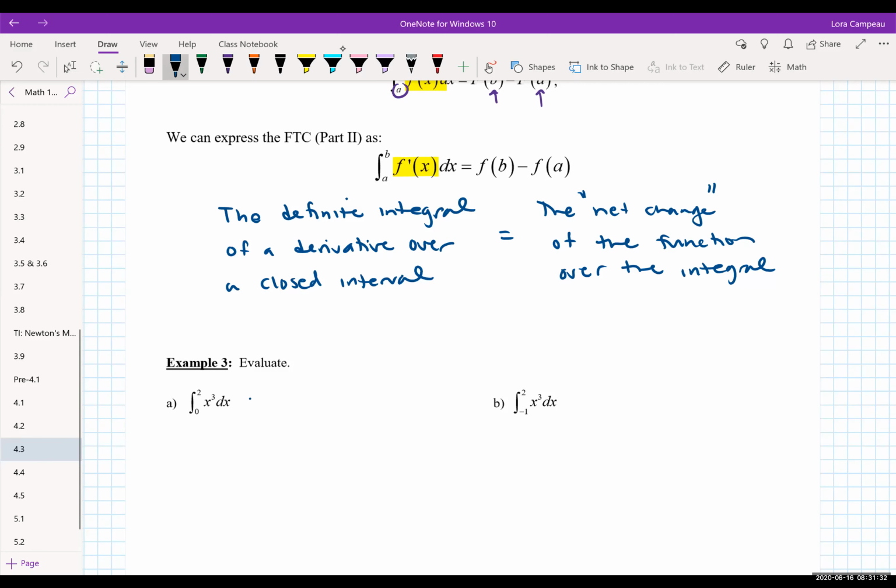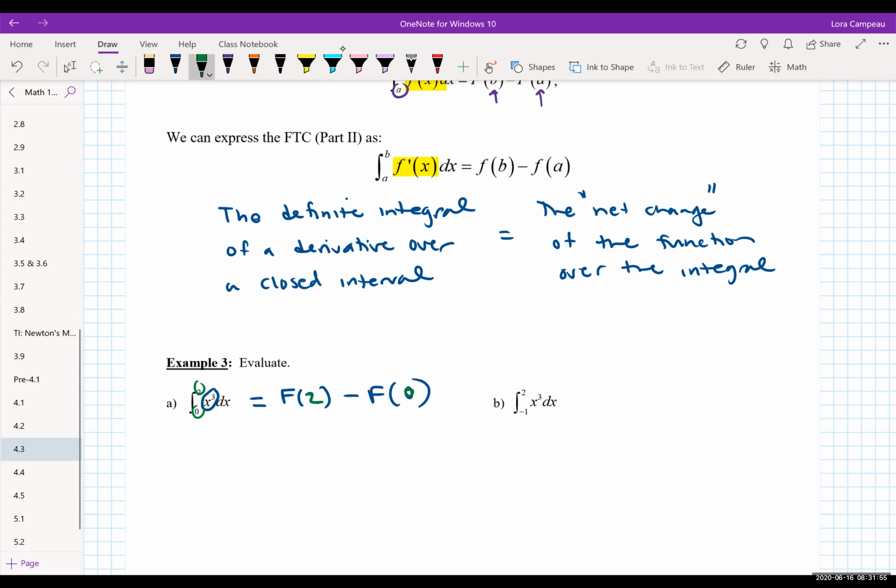So let's see if I can write this out. We're going to look at what was the function before we took the derivative. We call this antiderivative evaluated at 2 minus antiderivative evaluated at, not 3, at 0. Remember where I'm getting these values from? The upper and lower limits of integration.